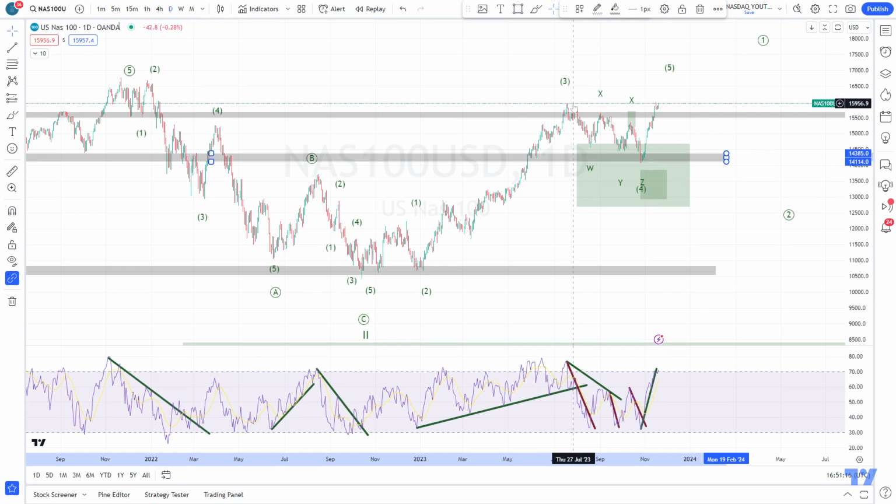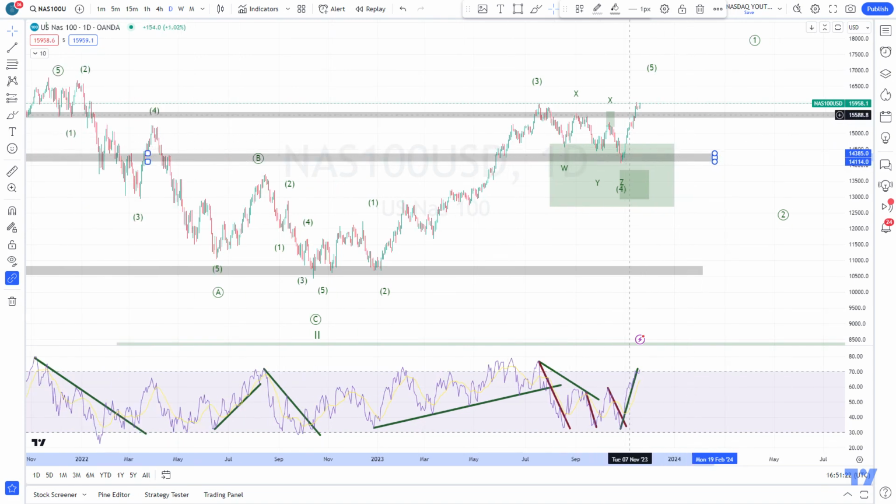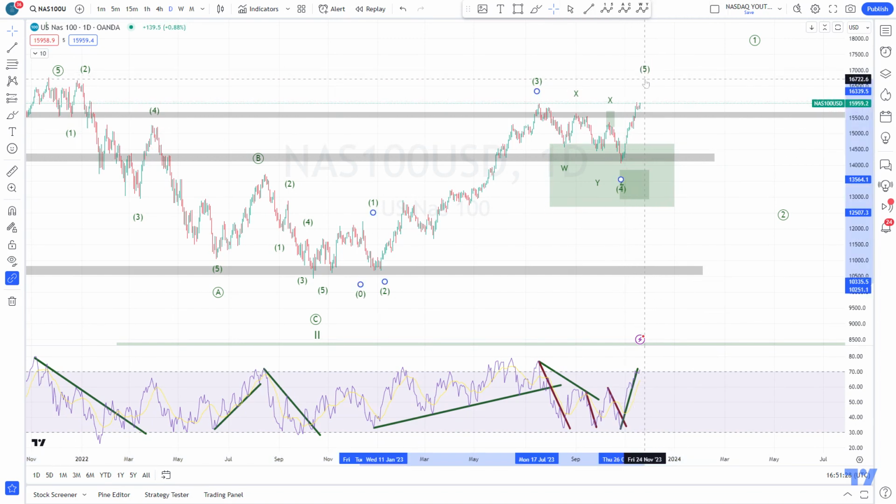We took out the wave 3 high, which is the minimum requirement for a fifth wave. So like I said, it could be that this complete structure is the fifth wave, but at the same time it could also be the wave 1 of the wave 5, and then we get 1, 2, 3, 4, 5.